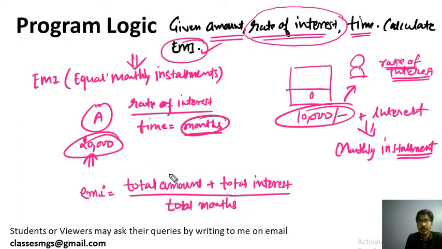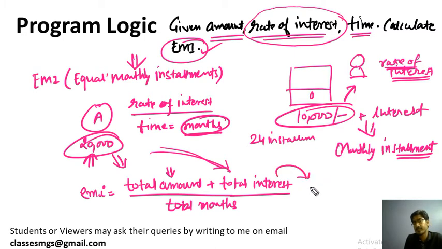The total amount is the actual amount of the item, and interest is the total interest earned over this particular time period. Let's suppose you are making 24 installments, then 2 years is the time for which this interest will be calculated.